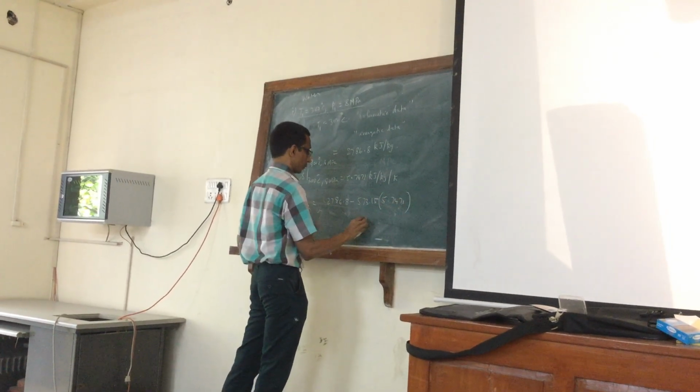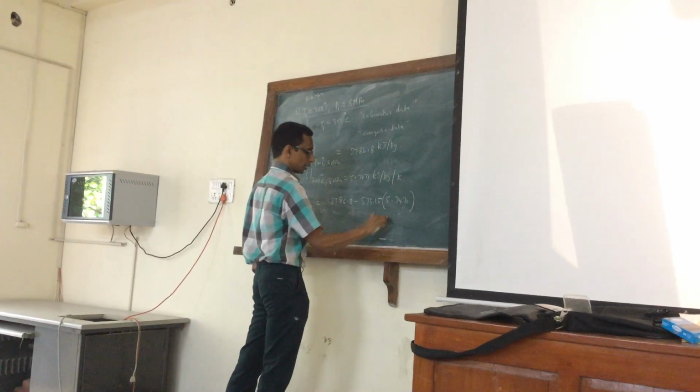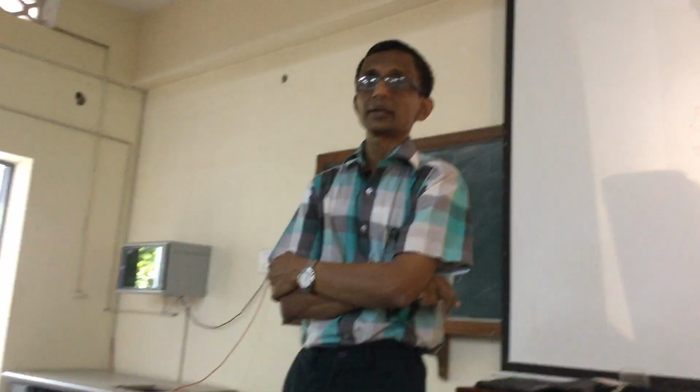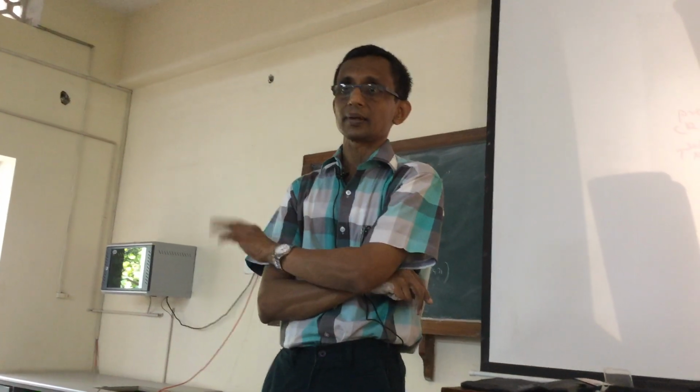Units are very important, so it is kilojoule per kilogram only. You may have to convert it to per mole later on. Right now, I can leave it at this. So you can calculate this and keep it ready.